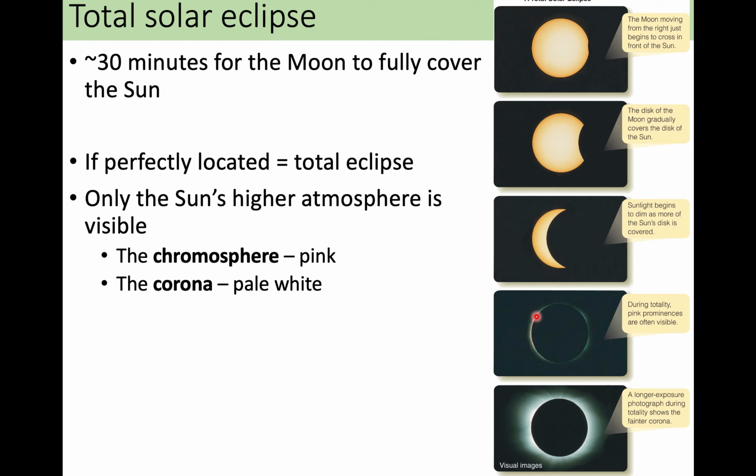We'll learn about this later in the semester when we talk about the sun specifically, but there are pink prominences, as they're called. So during a perfectly located total eclipse, we can actually see pink on the outside of the moon. That is the sun's atmosphere. And then if it's very perfectly located, we can also see what we call the corona, which is a really pale white and extends further outwards from the sun.